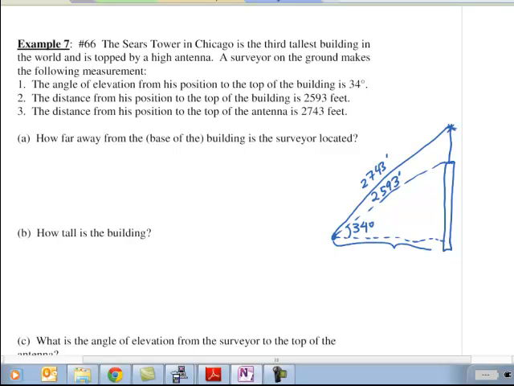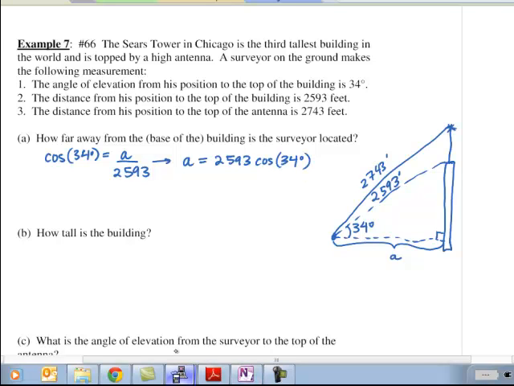So first we want to find this side, let's call that A. Notice that it's adjacent to that angle, 34 degrees, that we know. And we also have the hypotenuse of this right triangle. So adjacent and hypotenuse, we'd want to use cosine. Cosine of 34 degrees is the adjacent side, A, that we don't know, divided by the hypotenuse, 2593, which tells us that A would be 2593 times the cosine of 34 degrees.